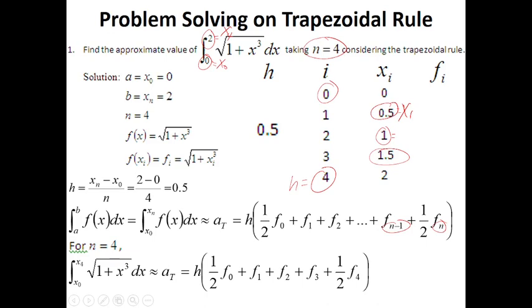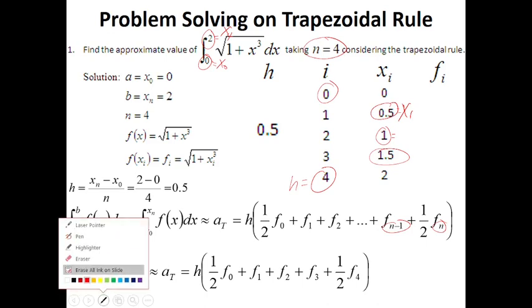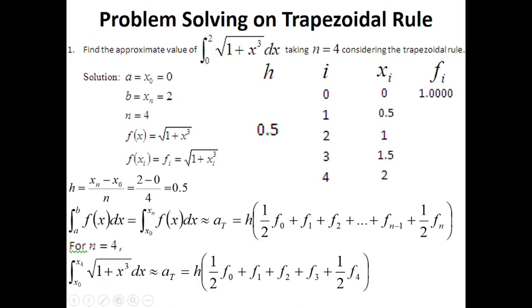Then for the function values, f sub i, so that is f sub 0 equals square root of 1 plus 0 cubed. So we replace this by 0, we have 1.